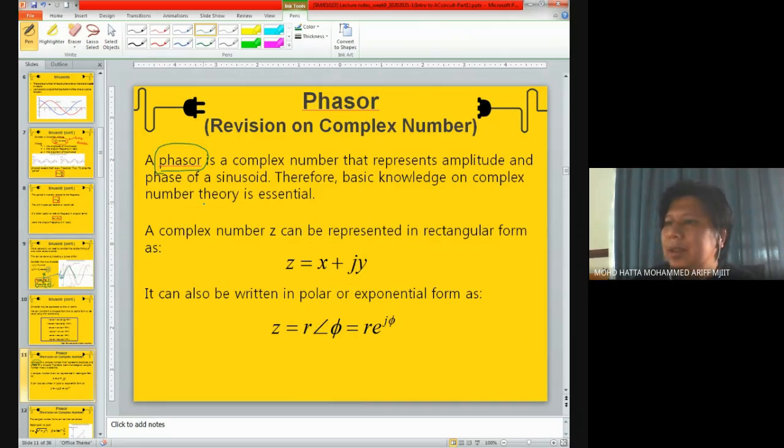So this is the introduction of phasor. It means we convert the time domain into something known as a complex number, which can be represented by amplitude and phase. Phase means angle.